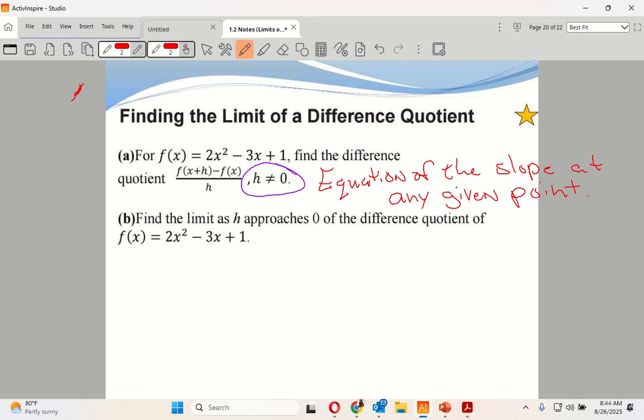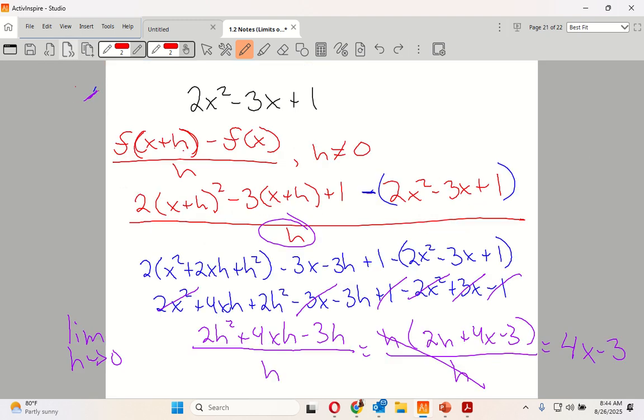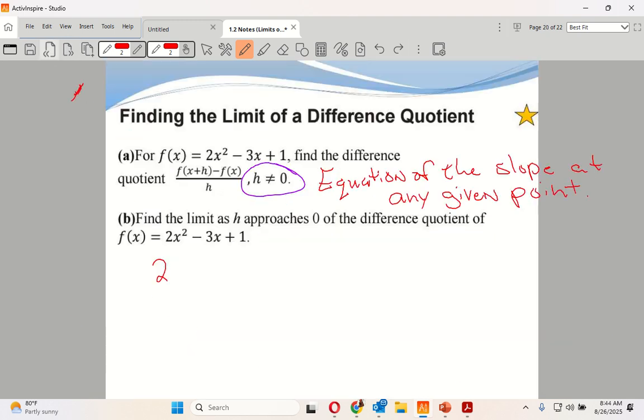It's the equation to find the slope at any given point. So any point on this is going to give you that. I already plugged in h approaches 0, so it was 4x minus 3. Yeah, 4x minus 3. Sorry.